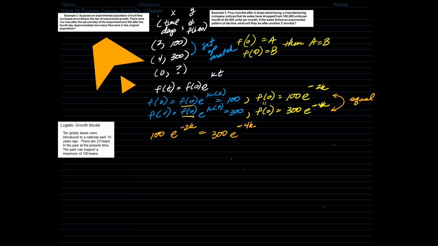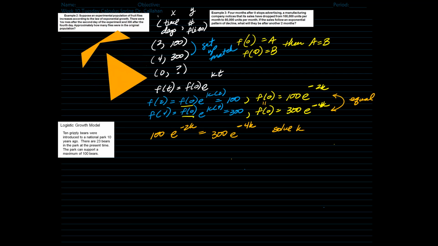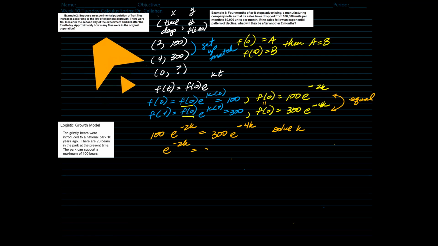Well, my goal here is to solve for k, so let's get rid of the 100. So I have e to the negative 2k equals 300 divided by 100, which is 3, e to the negative 4k.